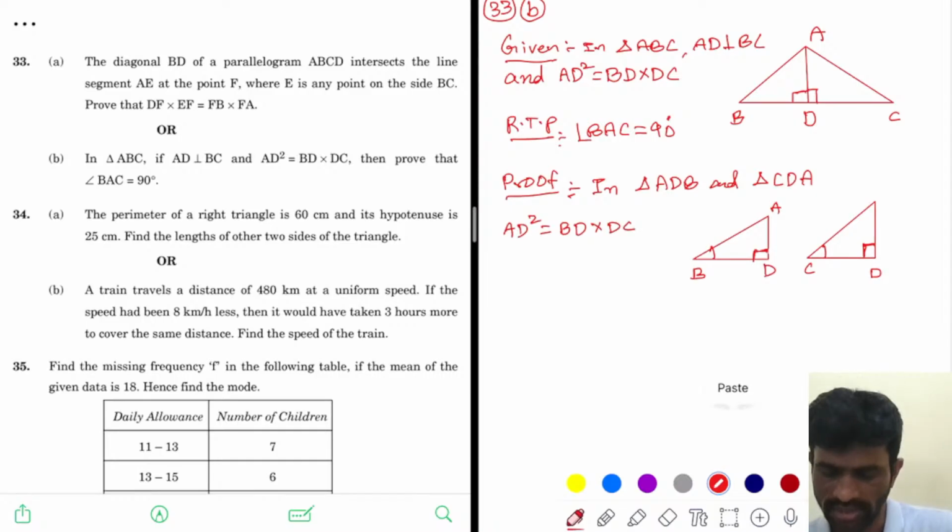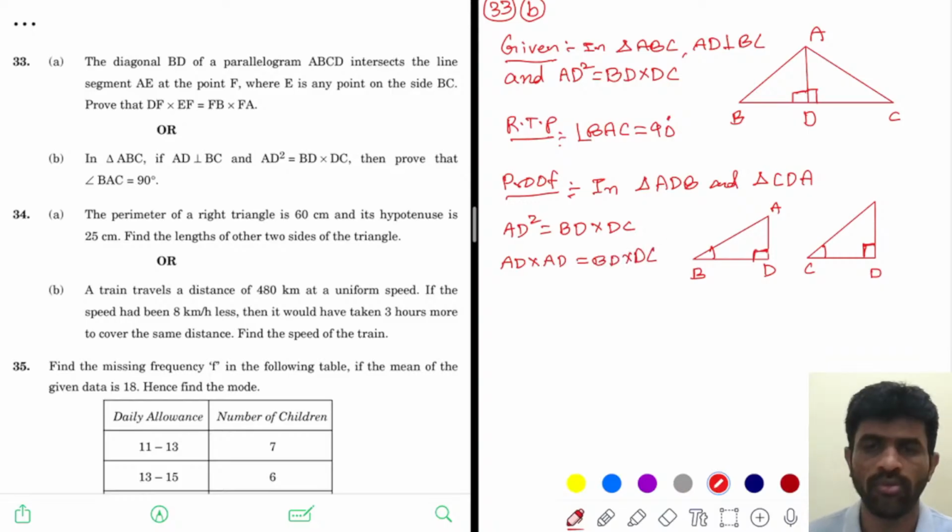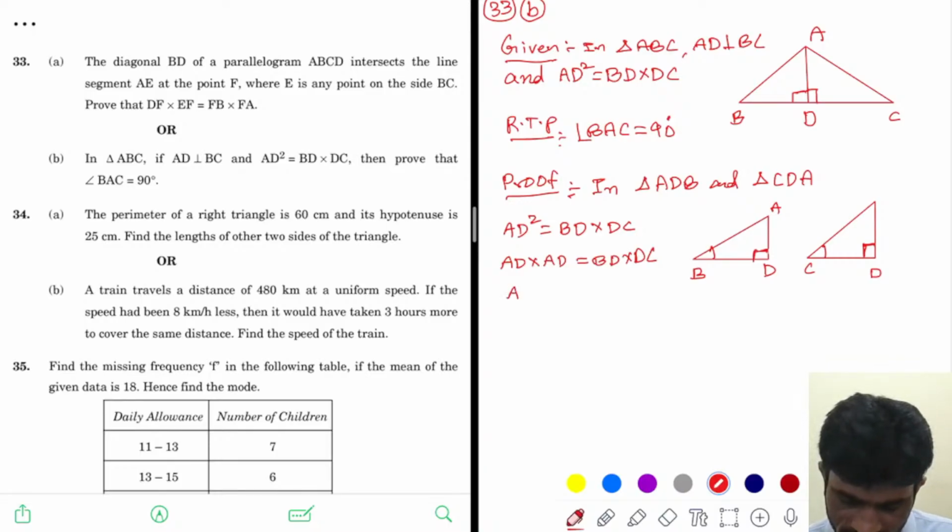We can write AD into AD is equal to BD into DC. Now one BD you send this side and AD you send that side. Then we get AD by BD is equal to DC by AD.